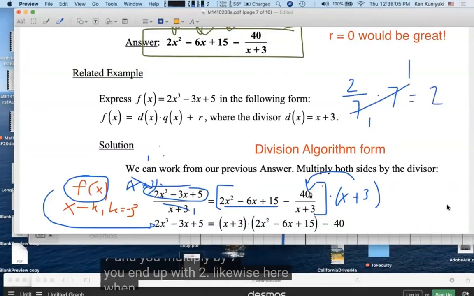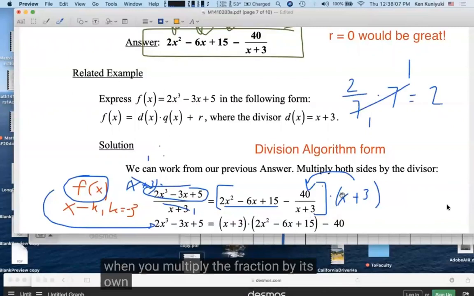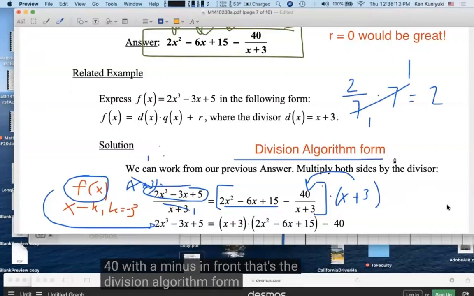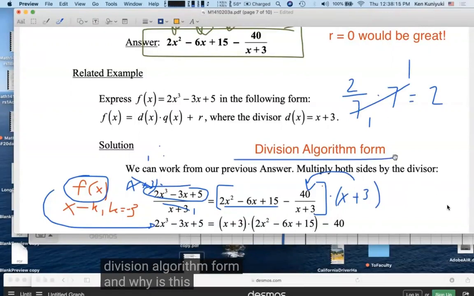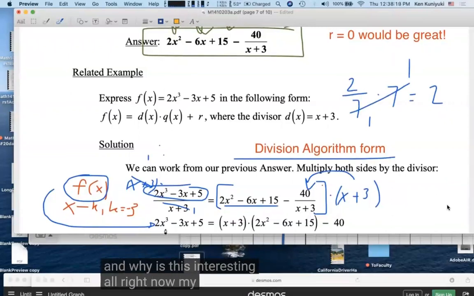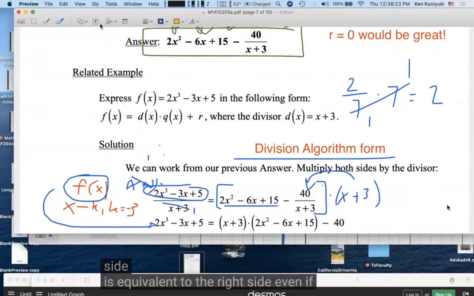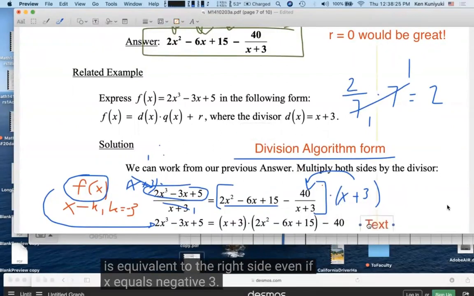Likewise here, when you multiply the fraction by its own bottom, you get the top, 40 with a minus in front. That's the division algorithm form. And why is this interesting? All right, now my claim is that the left side is equivalent to the right side, even if x equals -3.